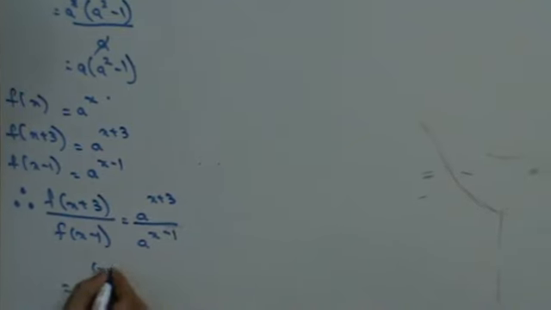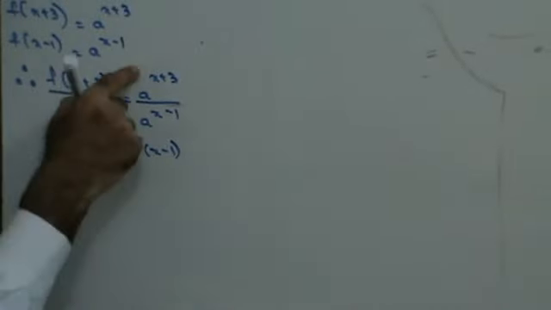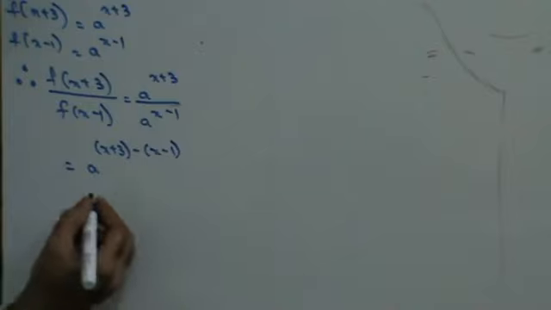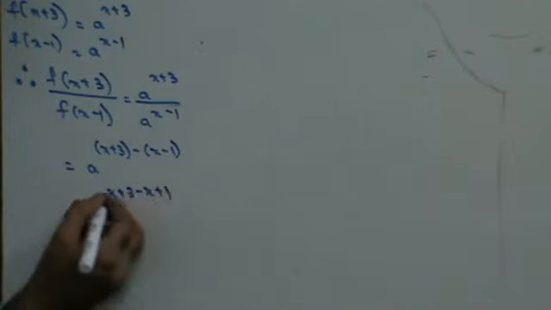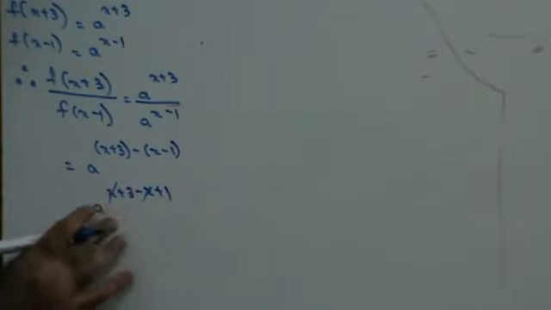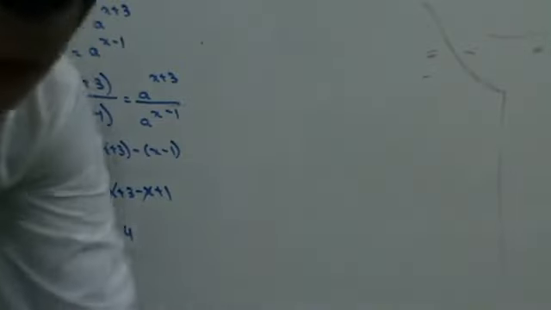So a raised to x plus 3 minus x minus 1. a raised to m upon a raised to n is a raised to m minus n, law of indices. x plus 3 minus x plus 1, this is a raised to 4. Right? Let's see another sum, guys.